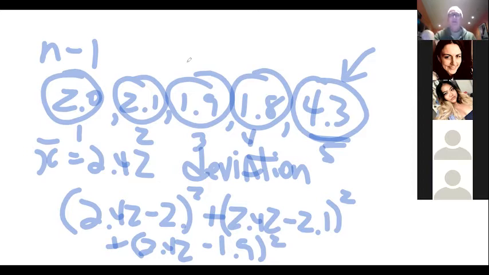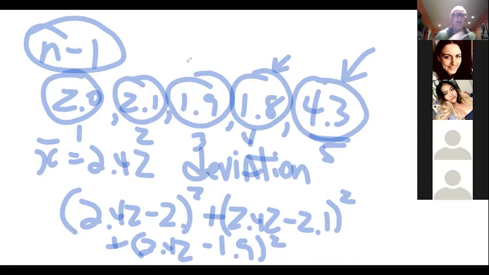And the same thing for 1.8 and 4.3. Then we're going to add those all together, divide by the total number of measurements minus 1. So we've had 5 measurements, so we divide by 4. And then take the square root of that. And that gives us our standard deviation.